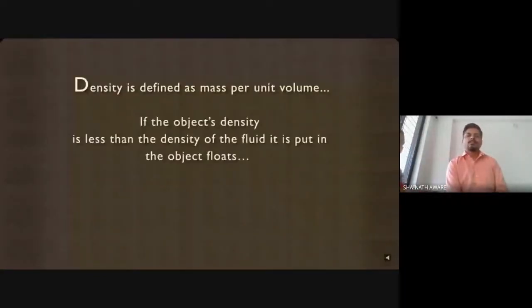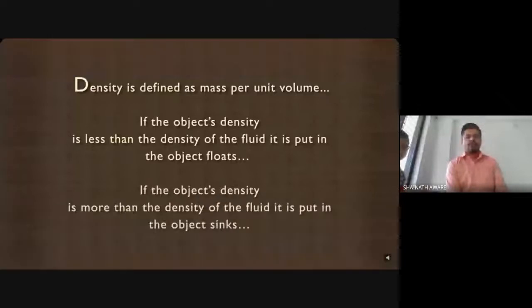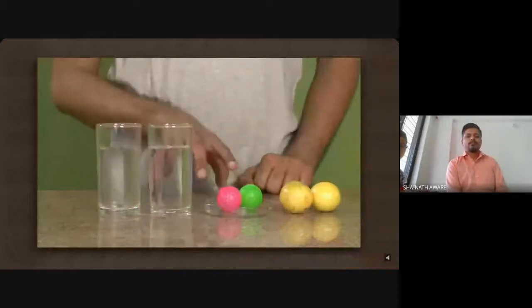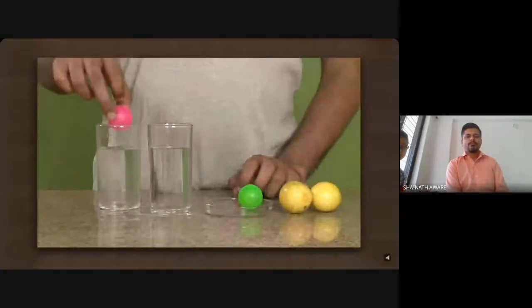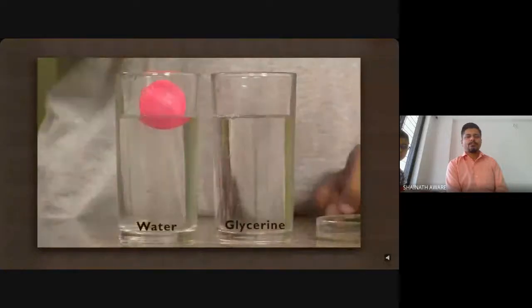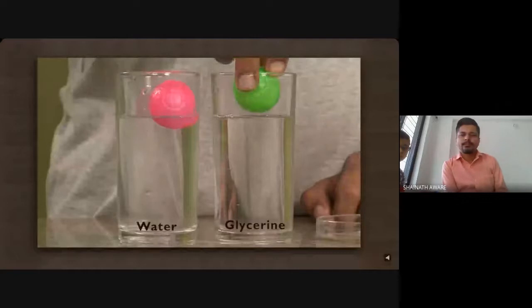If the object's density is more than the density of the fluid it is put in, the object sinks. Let us see an experiment with two different solids in two different liquids. For this we need water and glycerine, plastic balls and lemons. Gently set the plastic ball in the water beaker and observe. It floats. Now place the plastic ball in the glycerine beaker.